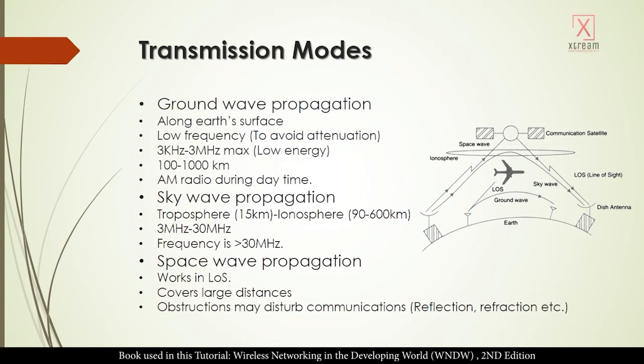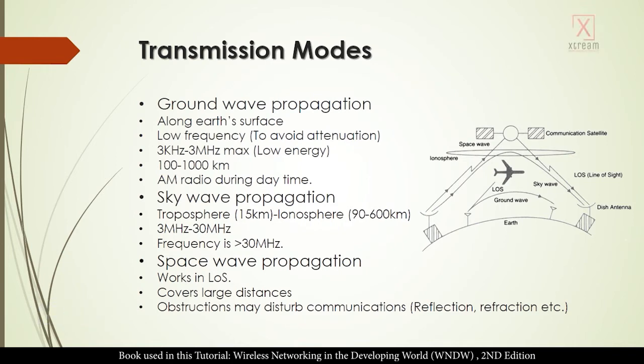Now we have another kind of transmission mode. This is sky wave propagation. Sky wave propagation occurs above the troposphere. The troposphere is about 15 kilometers up to the ionosphere.